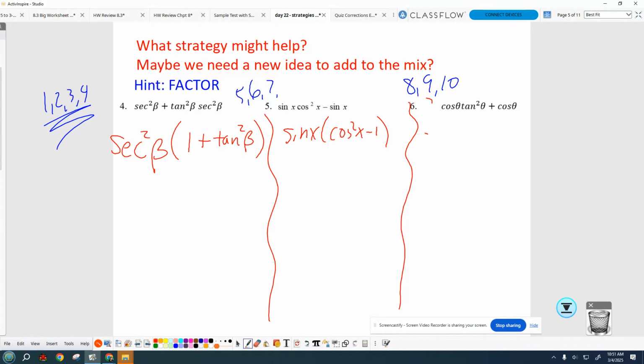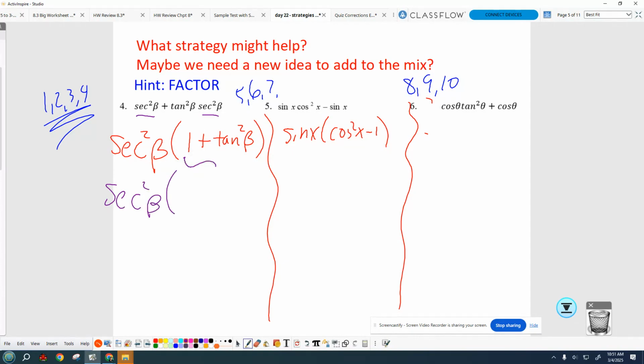So let's look at what groups 1, 2, 3, and 4 did. They're seeing secant squared was in both lumps. So if I take secant squared out of both lumps, what's left inside is 1 plus tangent squared. Consulting the packet, 1 plus tangent squared equals what? Secant squared. That's what the identity says on the sheet that you have.